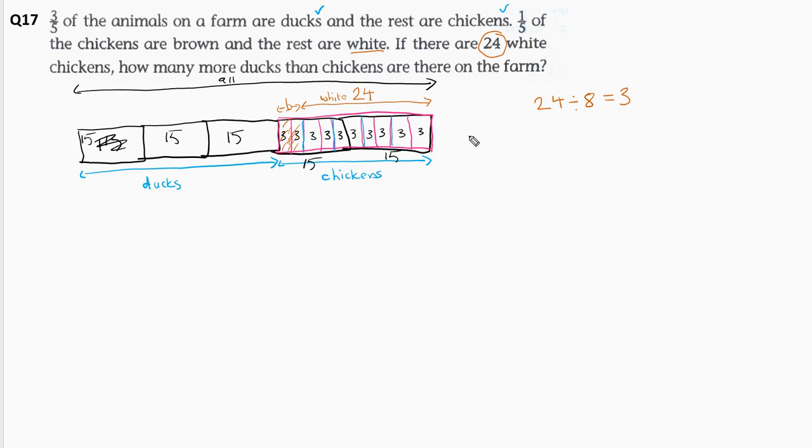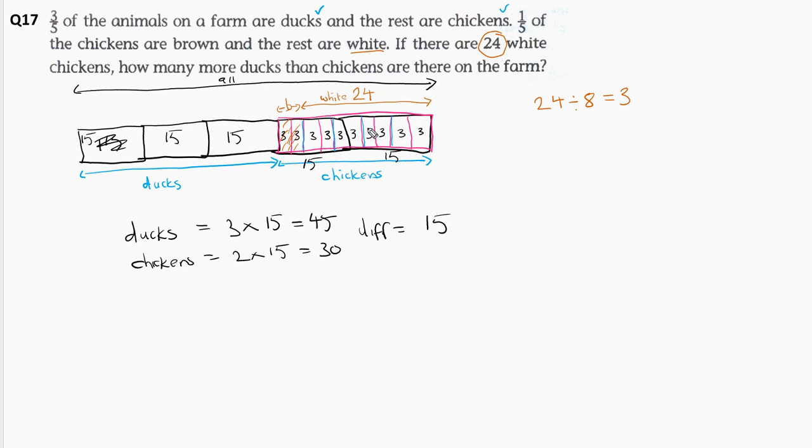Okay, so then we can see, how many ducks are there? It is 3 times 15, which equals 45. And we have got two 15s of chickens, which is 30. And the difference between 45 and 30 is 15.